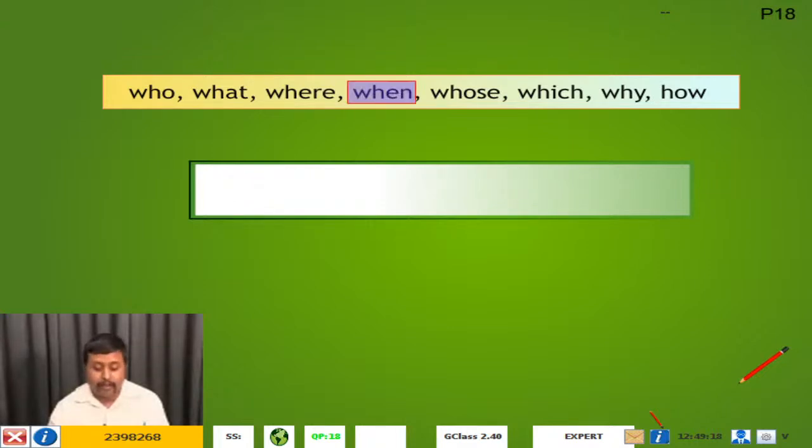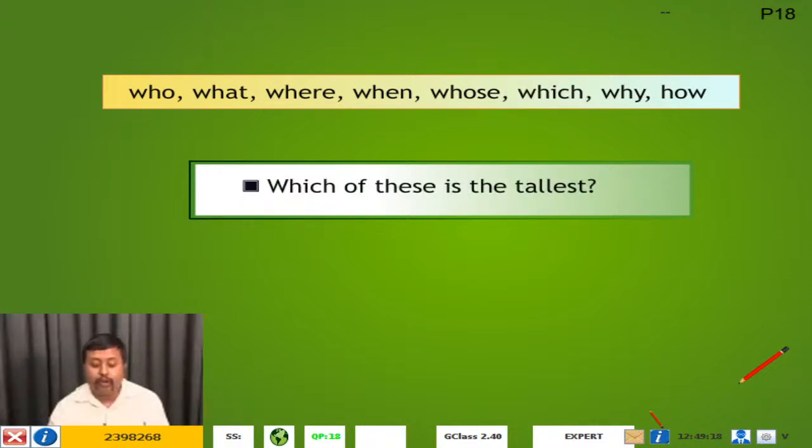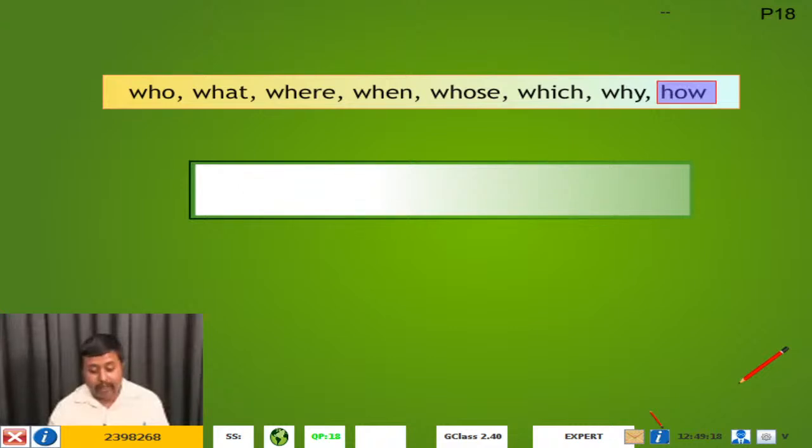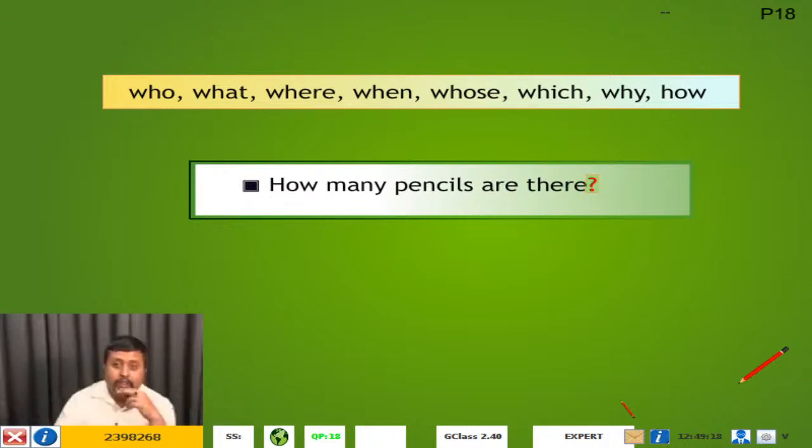Another question mark. When is the test? Another question mark. Whose book is this? Another question mark. Which of these is the tallest? Another question mark. Why are you late? Another question mark. How many pencils are there? Another question mark.